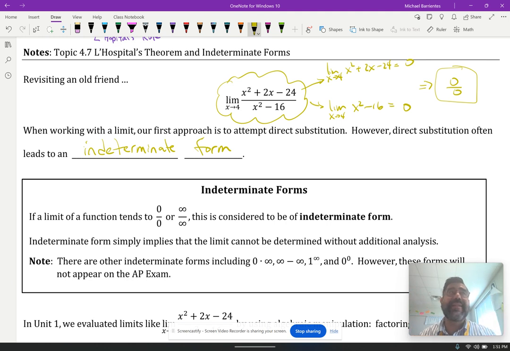If I take 10 divided by 0.1, I get 100. If I take 10 divided by 0.01, I get 1,000. You get the picture. As my denominator goes towards 0, my fraction gets bigger. So there's a fight going on between the numerator that wants to go to 0 and make the whole fraction smaller, and the denominator that wants to go to 0 and make the whole fraction bigger. And so we can't determine what's going on.